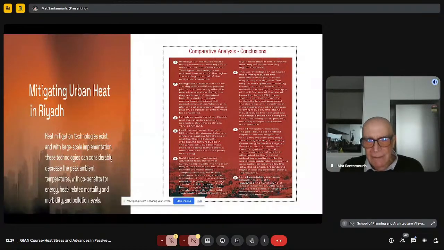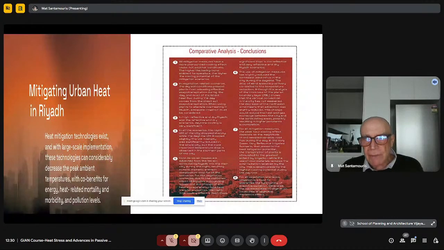In high reflective and non-irrigated scenarios, the daytime cooling is significant, between 1 to 1.5 degrees. The night decrease of the temperature of the urban heat island was really important, and it can help a lot.